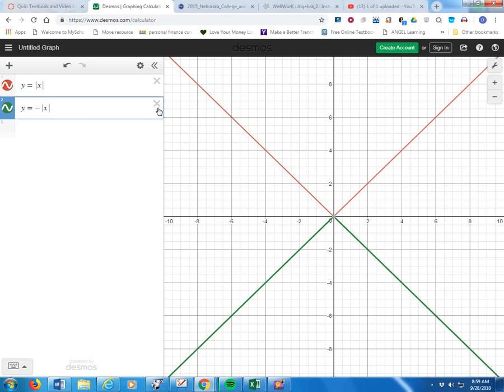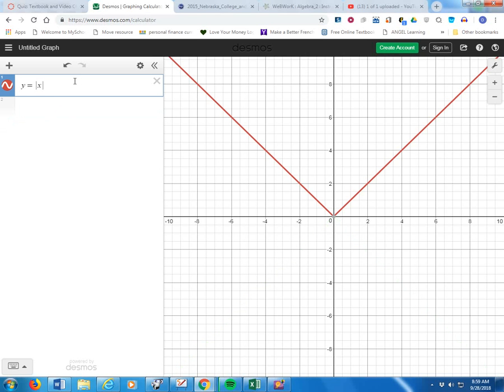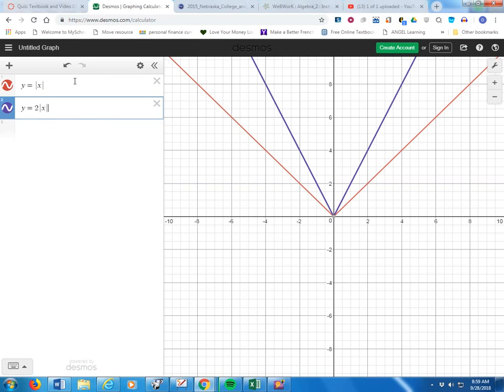Okay? Let's see what happens. Go ahead and delete that one. And hit enter. And y equals absolute value. Now let's do 2 times the absolute value of x. What happened?